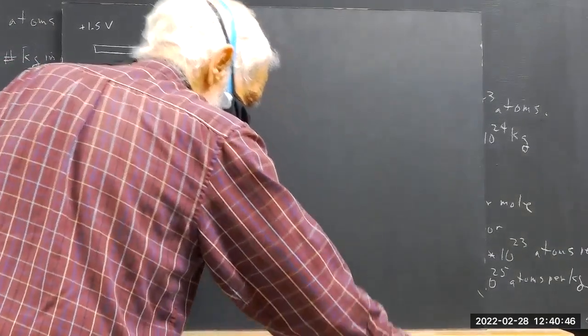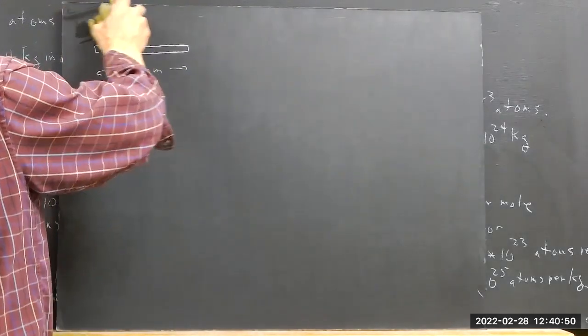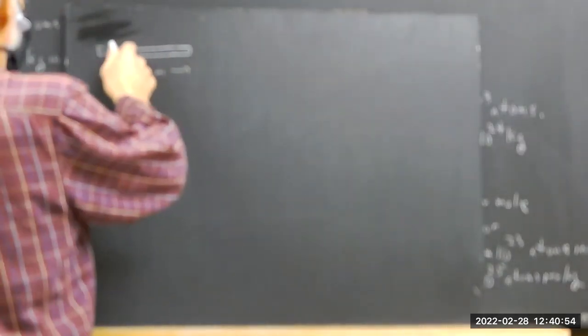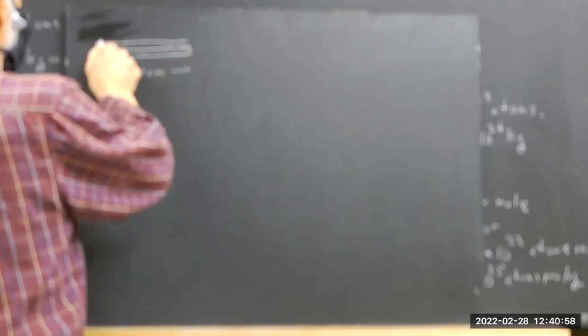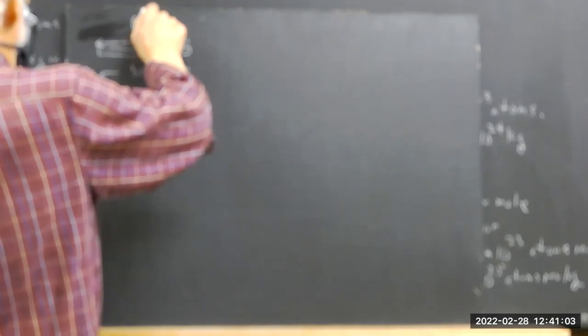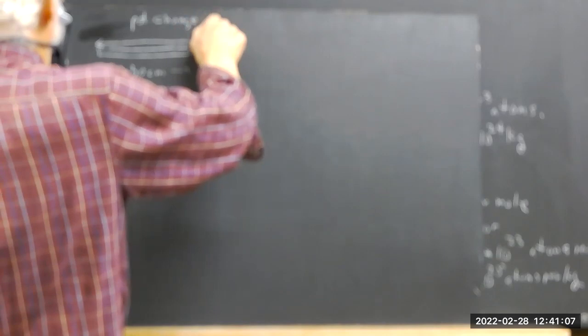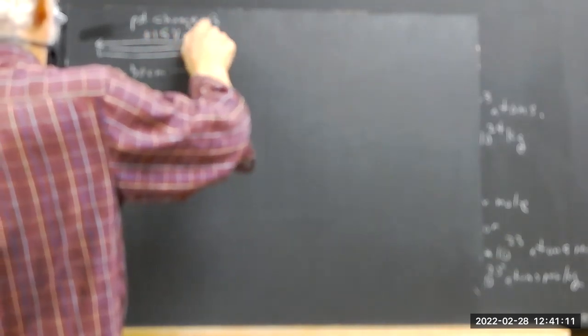I want to say what one end is and what the other end is. If we go from this end to this end, the potential change is plus 1.5 volts.